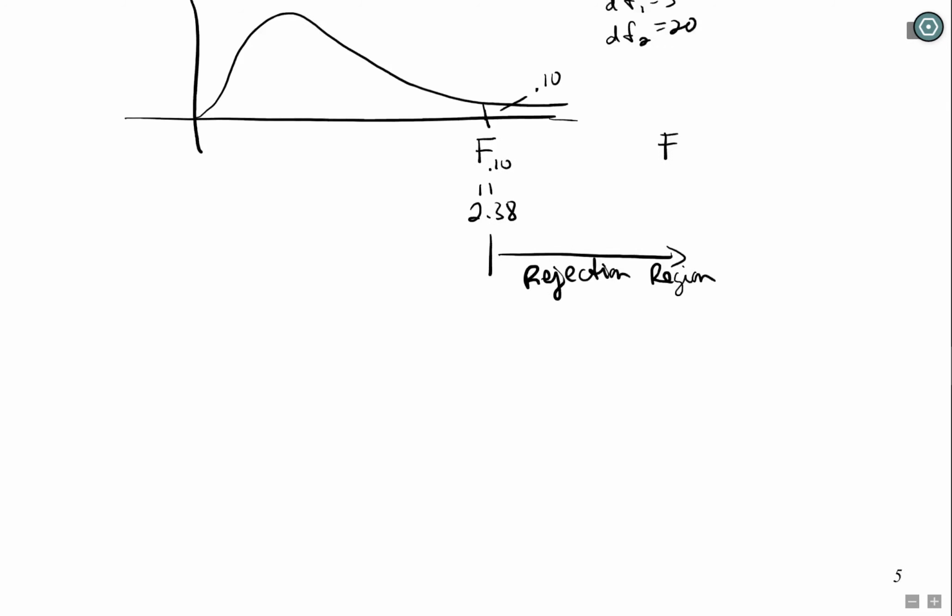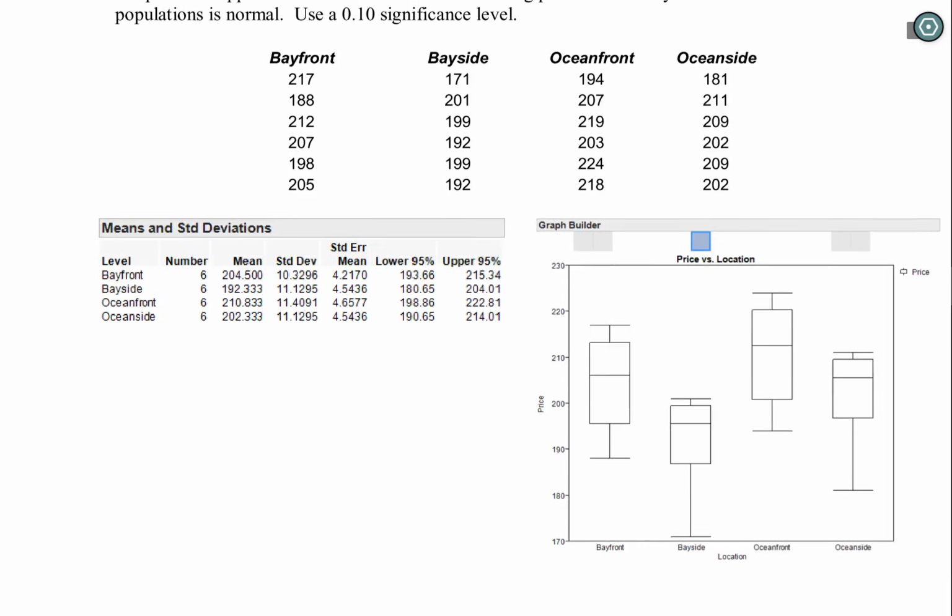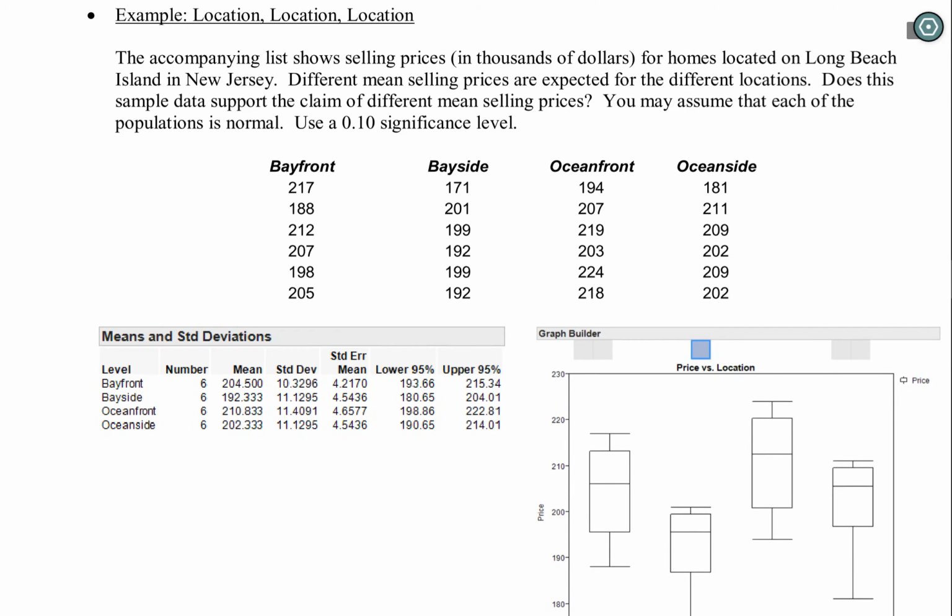Here's our data, and here again are our summary statistics that we're going to make use of. The bayfront, bayside, oceanfront, oceanside.